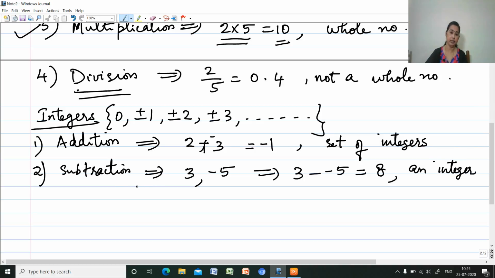Therefore, if we are subtracting two integers, we are getting an integer itself. So integers are closed under subtraction. First we got that integers are closed under addition. Integers are closed under subtraction, because if we are adding or subtracting two integers, again we are getting an integer itself. The third one is multiplication.